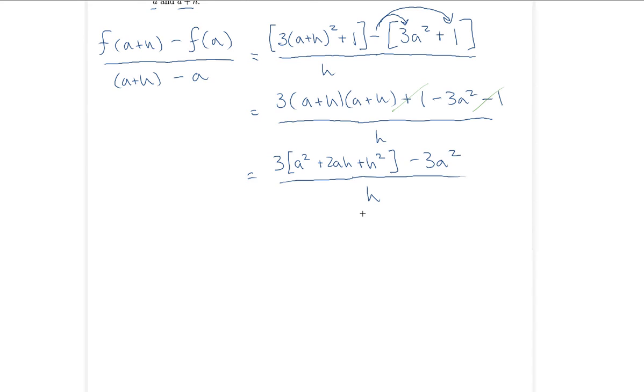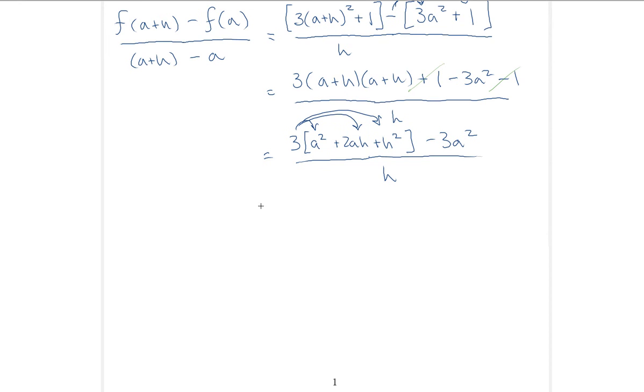The only way you can cross out a variable like that or a number is if it is factored out of everything on either the top or the bottom, whichever one you're looking at. All right, so I can't do anything with it right now. So I'm going to go ahead and distribute the 3 through to all of these terms to see if that helps. So we get 3a squared plus 6ah plus 3h squared minus 3a squared, all divided by h.